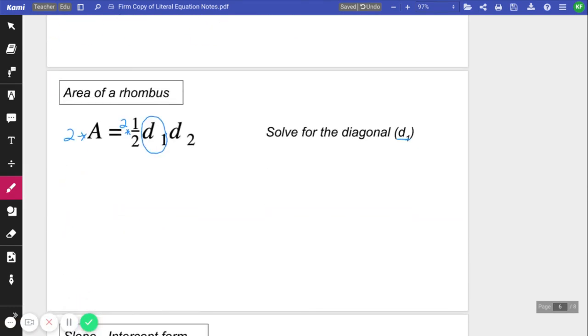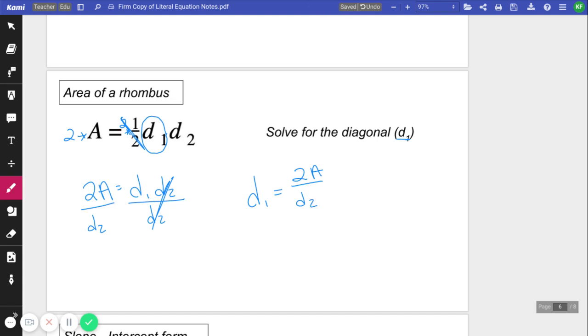That cancels on the right and gives me 2a equals d1 times d2 on the right side. And now to get d1 by itself, I just divide by d2. Those cancel over there, and diagonal 1 equals 2a over d2.